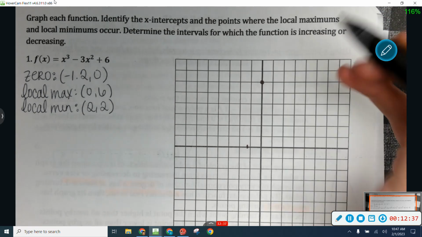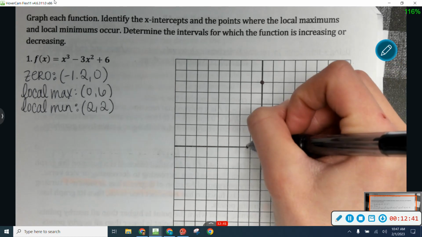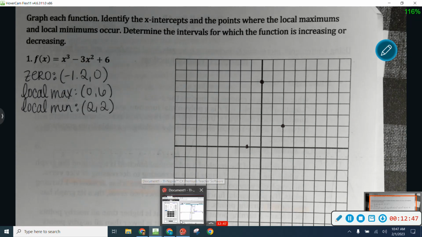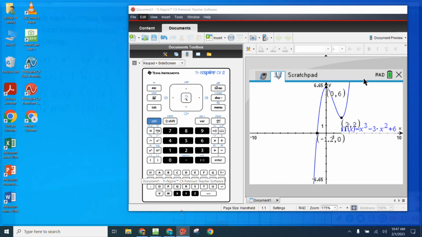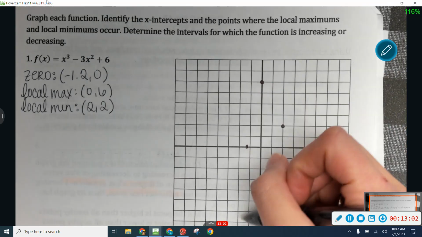Then 0, 6, and 2, 2. So your graph should resemble what this looks like. Okay? Now you have the graphing calculator. If you wanted to get the table and be super accurate, you can. But I'm going to be looking at this.